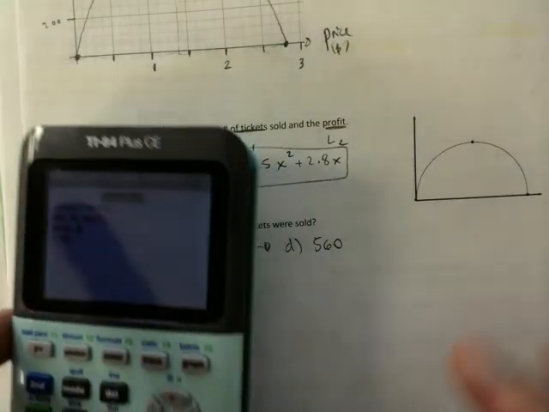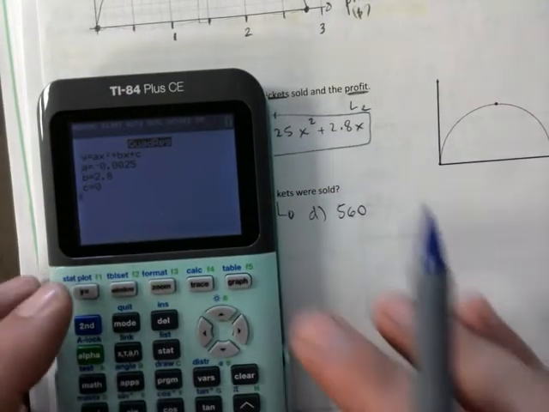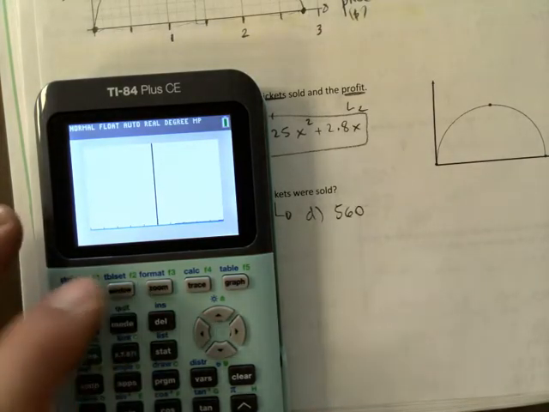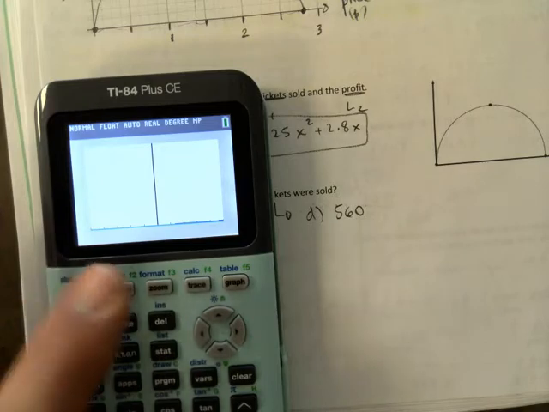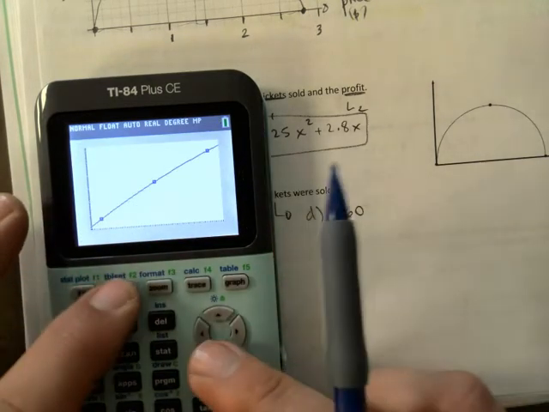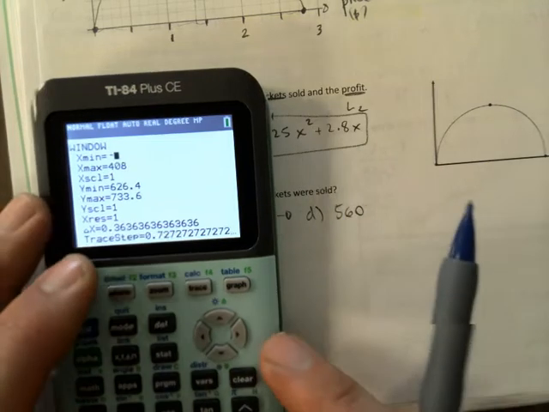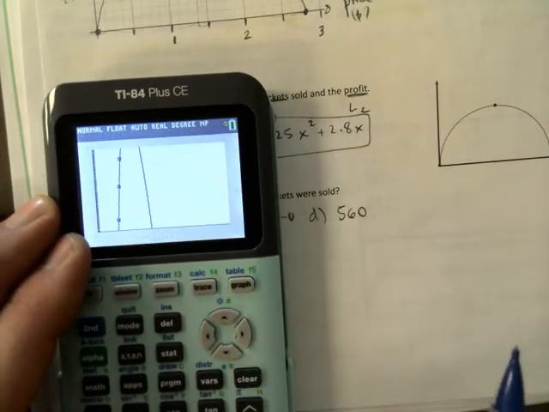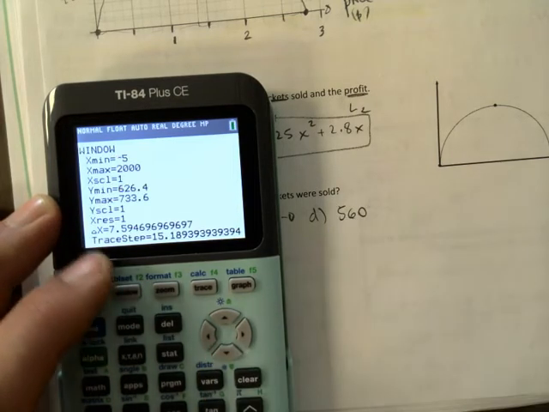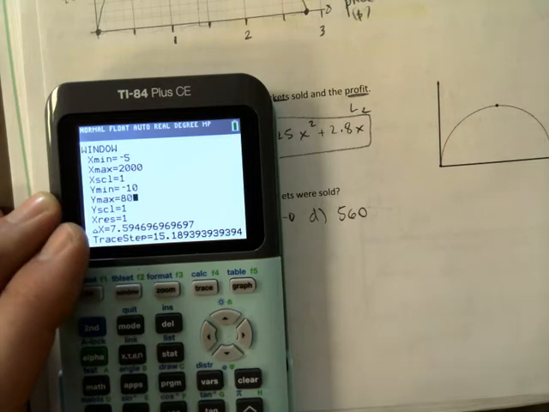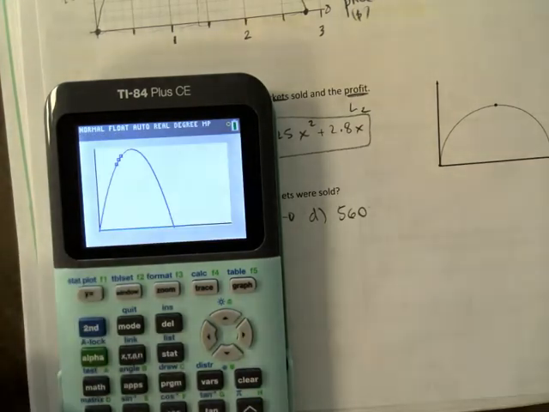But if you use this, I'm just going to show you because I find it good to know. So I got to redo my window now. Did you notice that? Zoom 9. Now it's showing the other side. I'm going to go 2000 max. I need to have at least 800 for my Y max, and there it is.